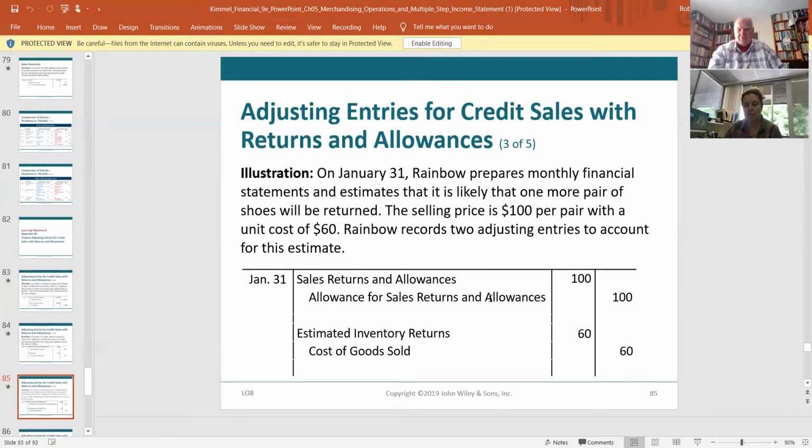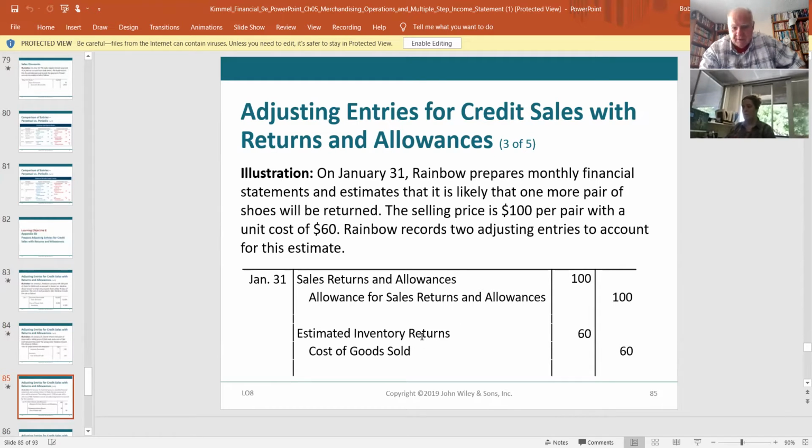It's sort of a contra to a contra account, if you will. Then they're going to do the same thing with the cost of goods sold. They're going to have an estimated inventory return. So you have an estimated sales returns and allowances offset by an allowance for sales returns and allowances.